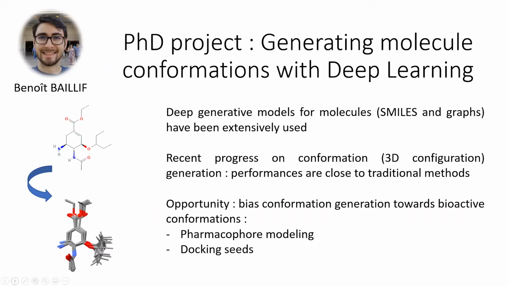But there are still some limitations, especially when sampling quite large molecules and, for instance, the macrocycles, which are cycles containing more than 9 heavy atoms. And there's been a quite popular trend in generating molecules using deep generative models, relying on SMILES or graph representations. And there could be an opportunity to perform the same in generating conformations with deep learning methods.